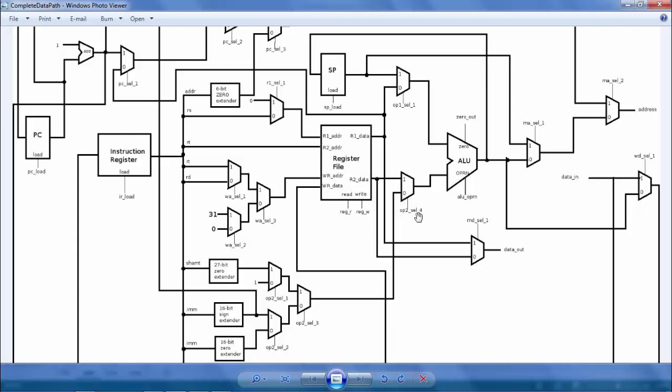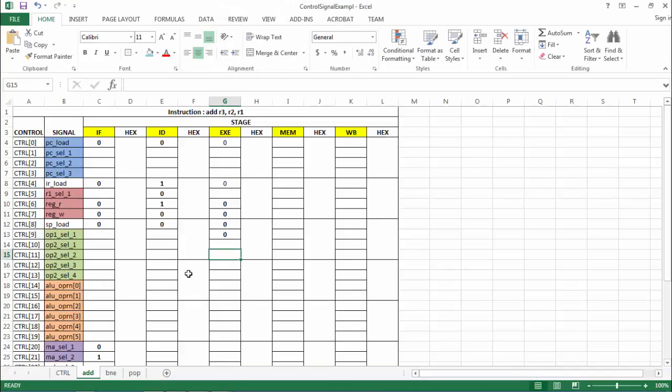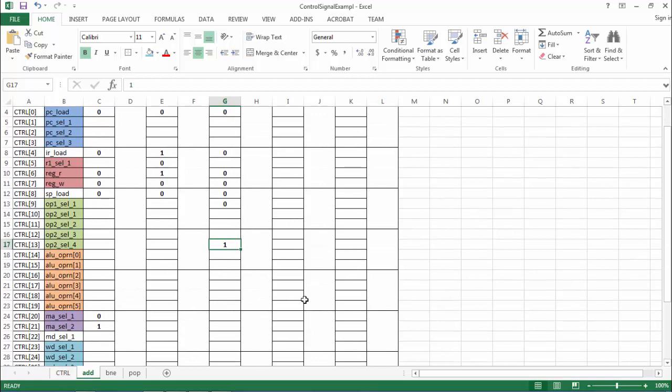So OP selection 4 must be set to 1 so that we can pass this R2 data into my ALU operation. OP selection 4 must be 1. Okay, so let me just boldface this one, this one is needed, right? And that will select the right operand for the ALU, and the ALU will produce a result.